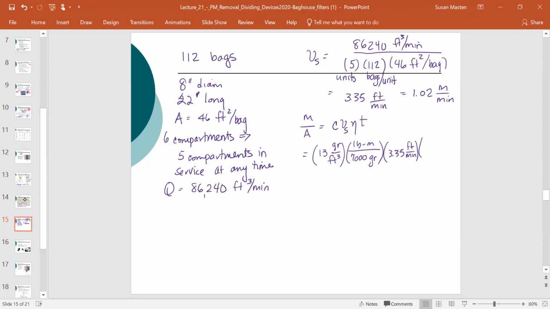We have 60 minutes per hour. The efficiency is 0.99, so we said it was 99% efficient, and we're operating for 1 hour. If we multiply that, that is 0.37 pound mass per feet squared, which is equal to 1.8 kilograms per meter squared, and that's of your fabric, so that's of the filtration area.